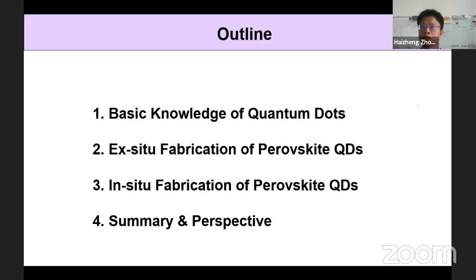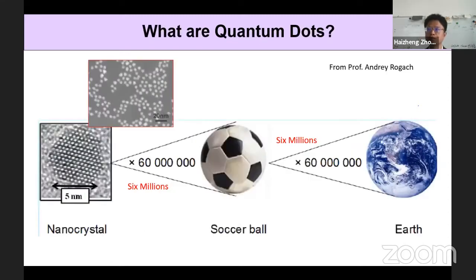So what are quantum dots? This is a basic question, and actually they are quite small size nanocrystals. How small are they? We all know the Earth is like 6 million times larger than a soccer ball, and the crystals are like 6 million times smaller than the soccer balls.